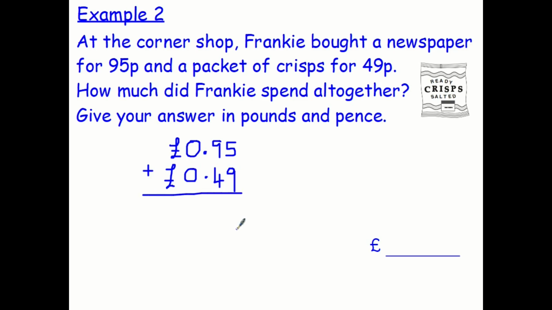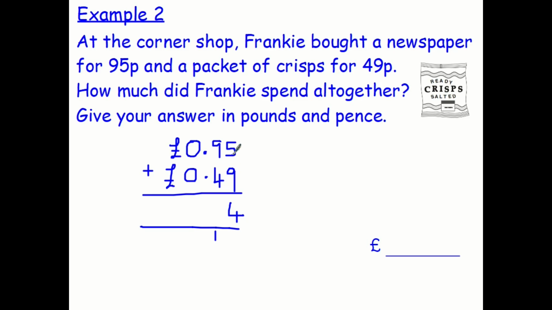And then we need to add them, and we start on the right hand side. So I'm going to do 5 plus 9, which is 14. Remember, I'm just saying 9 and 5 here just for example purposes, but do remember of course that this is in the hundredths column here, so it's 5 hundredths and 9 hundredths.